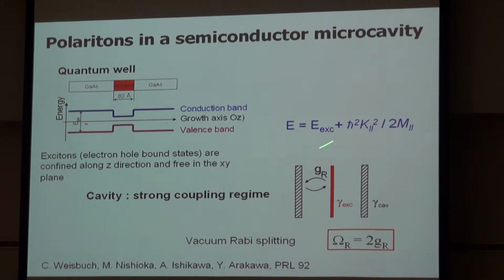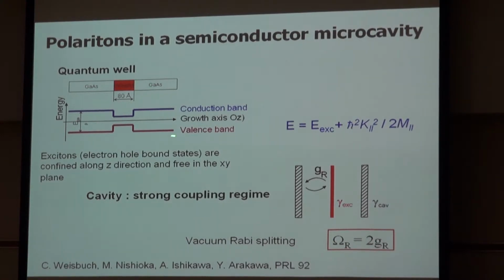The energy of the exciton is the energy from one of these discrete levels plus the kinetic energy in the plane of the well.